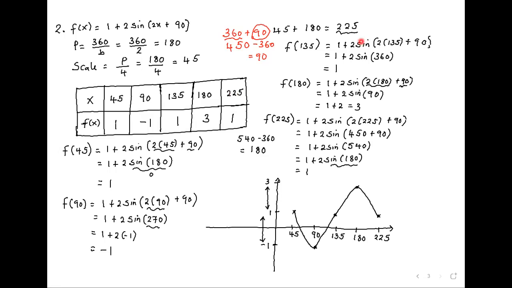On the issue of amplitude, I'm still behind on how we are getting 2 instead of 3. Amplitude is the coefficient of the function sine, which is this number here.